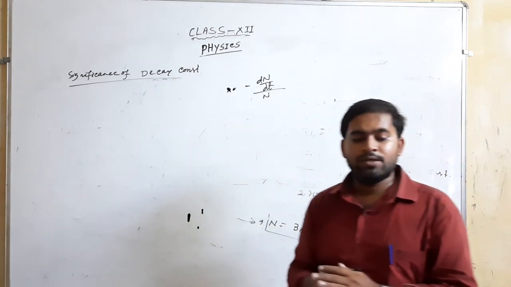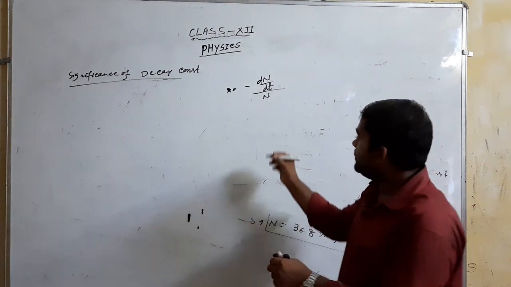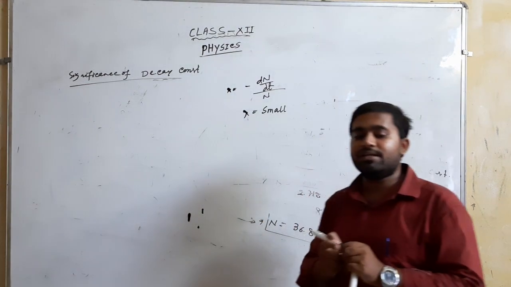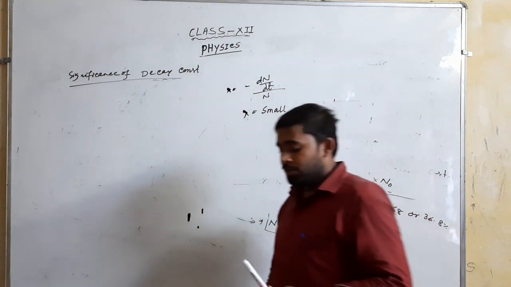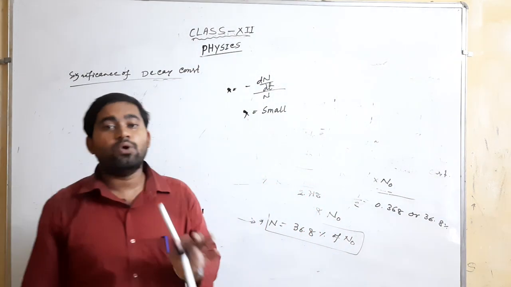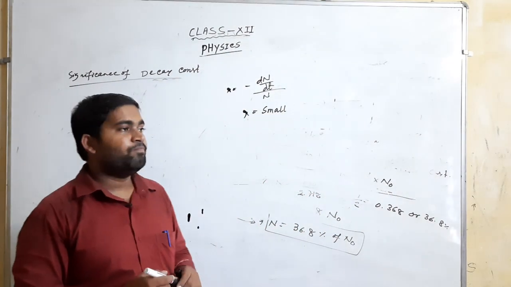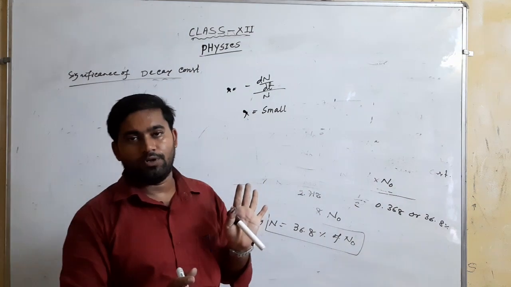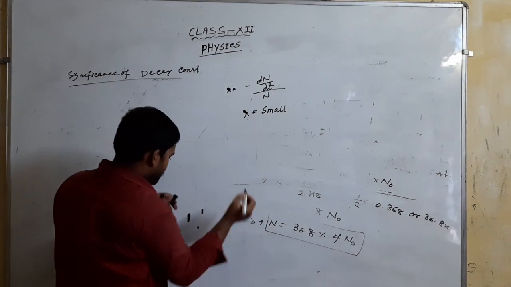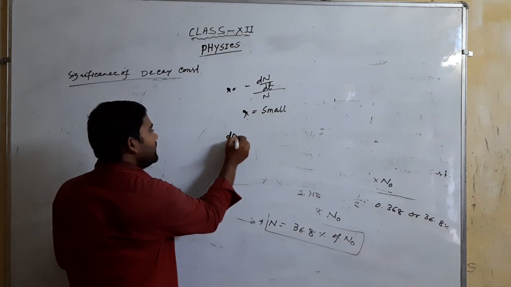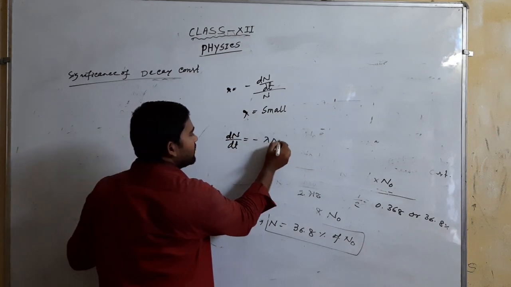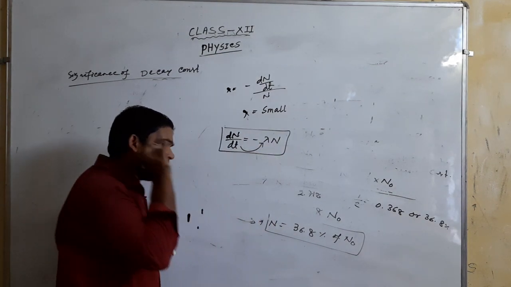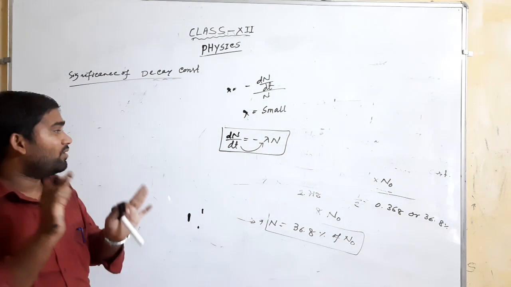Third, the value of lambda. If the decay constant is small, then the decay will take place slowly. That means the rate of decay is slow if the decay constant is small, because of the relation dN upon dt equals minus lambda N. From this relation, the rate of decay depends upon the decay constant.